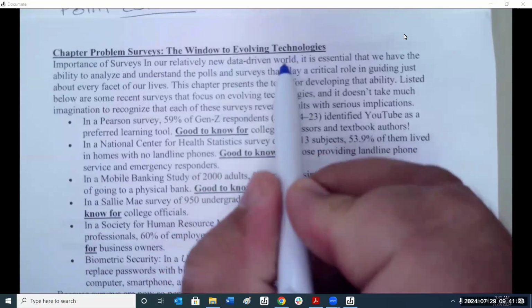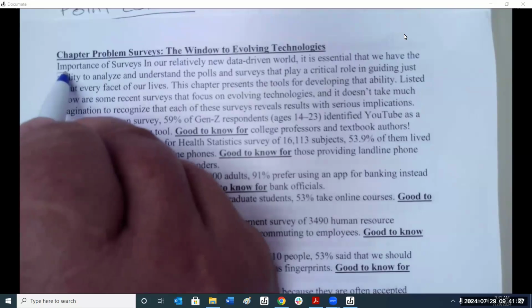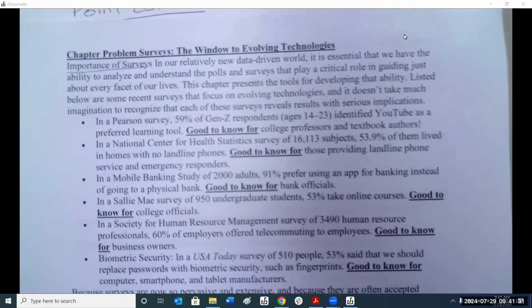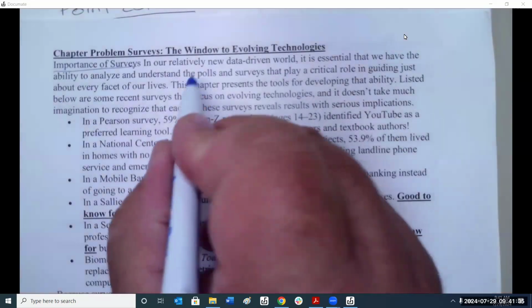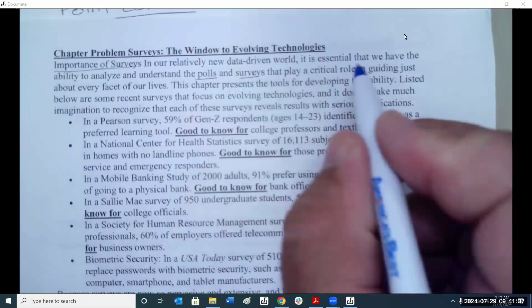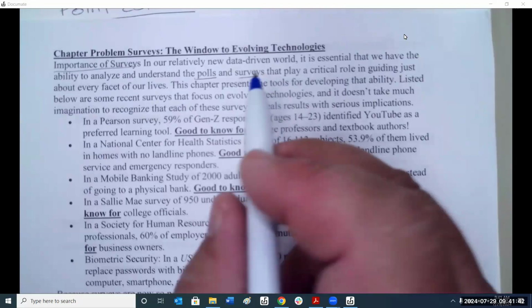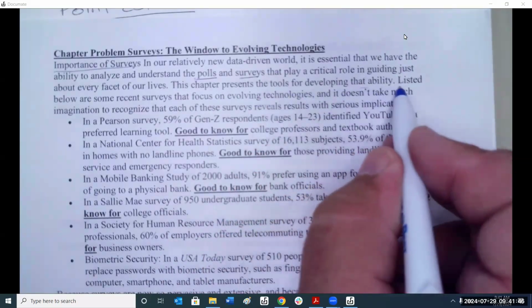The window of evolving technologies. Importance of surveys. In our relatively new data-driven world, it is essential that we have the ability to analyze and understand the polls and surveys that play a critical role in guiding just about every facet of our lives. This chapter presents the tools for developing the ability.